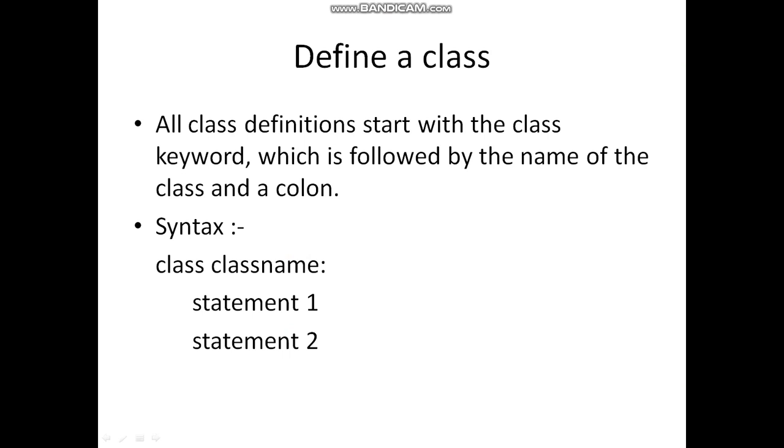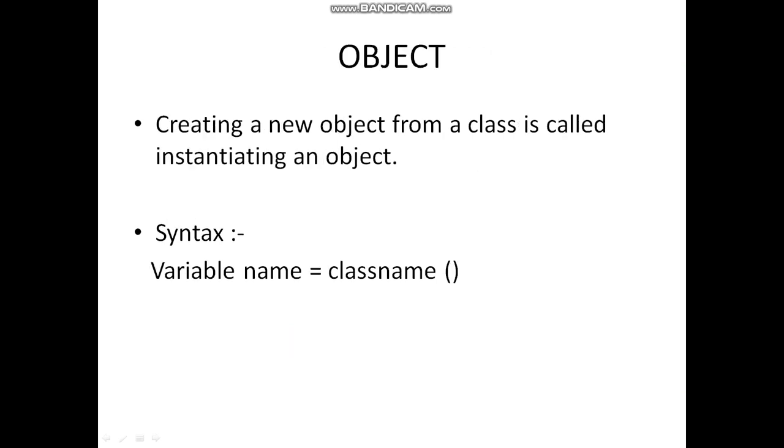So after seeing the object, we'll see how to create a class. Here is an object. Creating a new object from a class is called instantiating an object. So what is an object? It is an instance of a class.